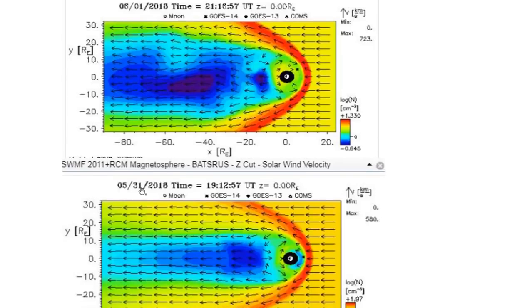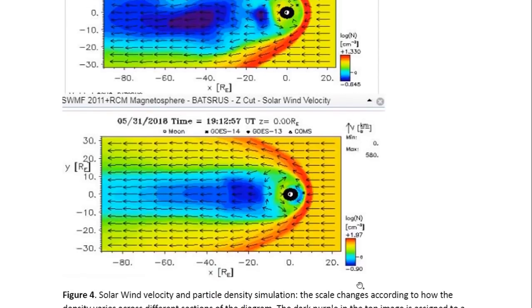This is from May 31st. Now, this dark purple is assigned to minus 0.645, but if we look at the scale here, there's no dark purple, there's only a dark blue. That's the most extreme minimum color here, but it's assigned to a lower density because minus 0.90 is lower than minus 0.645.